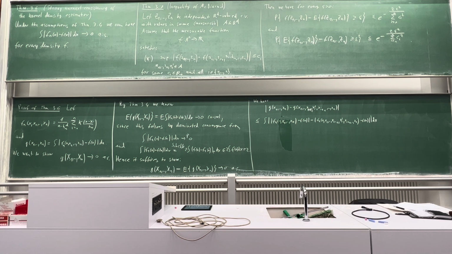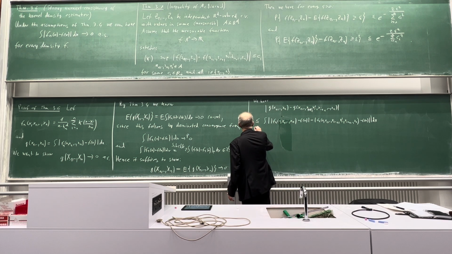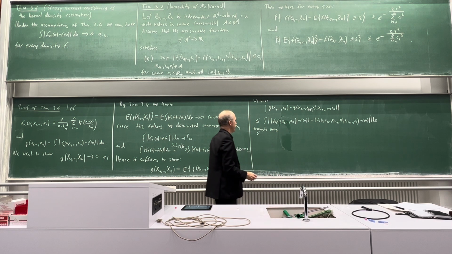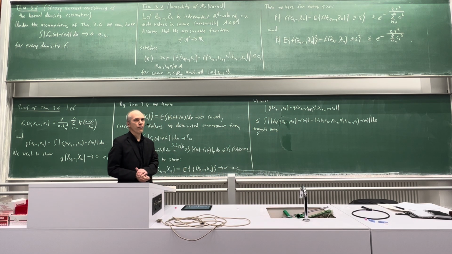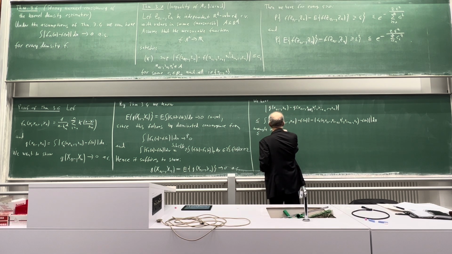And then you use the second triangle inequality. The absolute value of the absolute value of a minus the absolute value of b is less than or equal to the absolute value of a minus b. So this minus f of x cancels out.